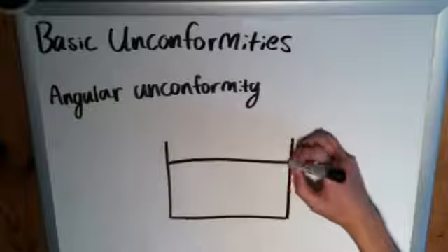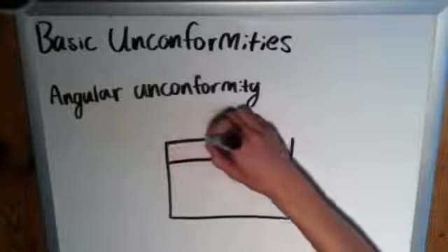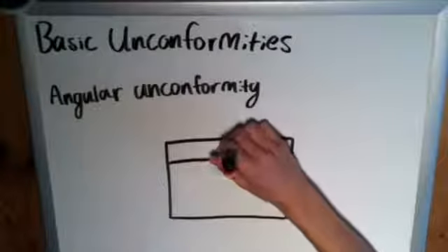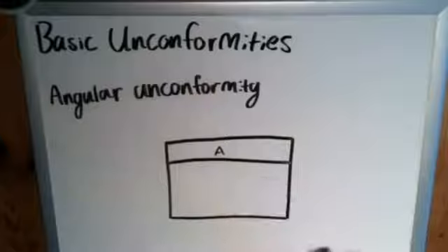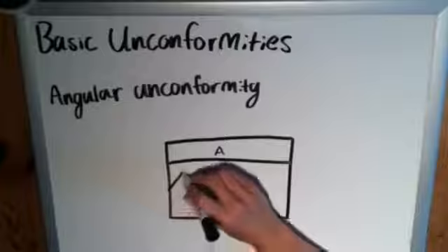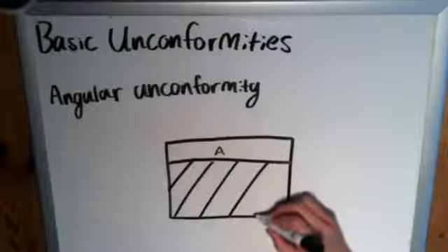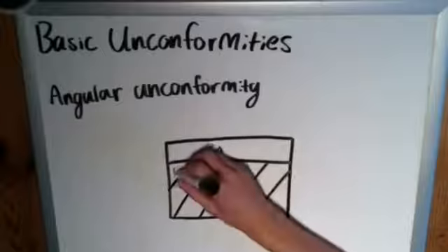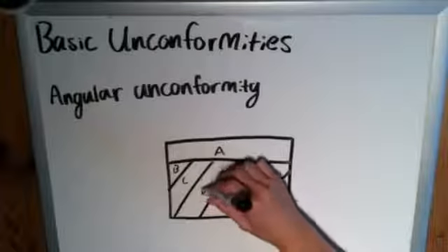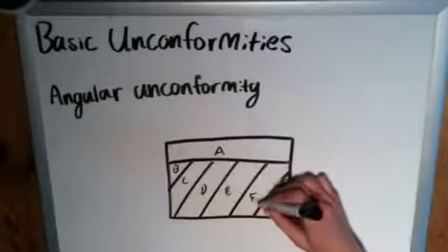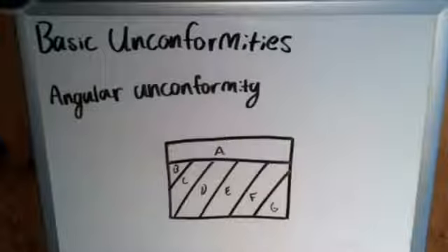So I'm starting from the top this time. And let's just say we've got strata A here. Right? And then down here, all of a sudden we've got diagonally facing strata, a whole lot of it. We'll call it B, C, D, E, F, G.